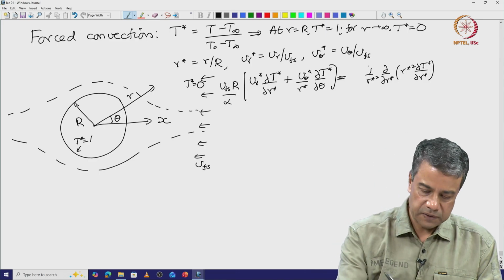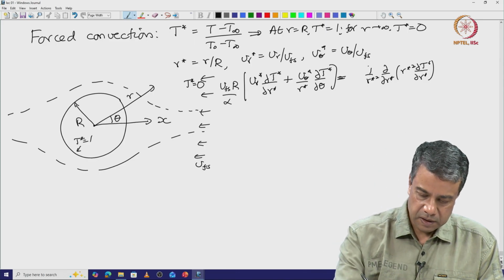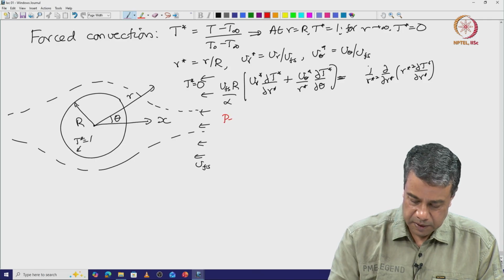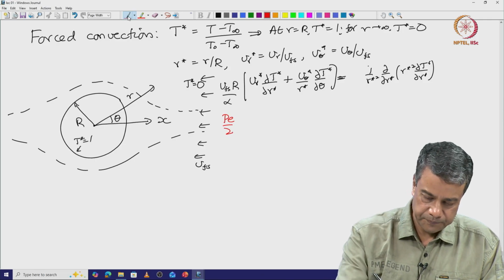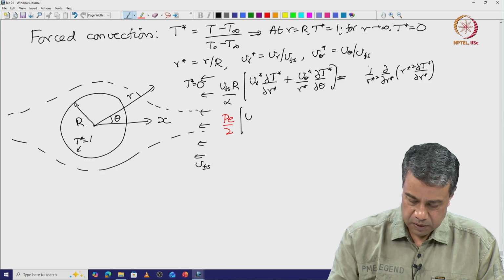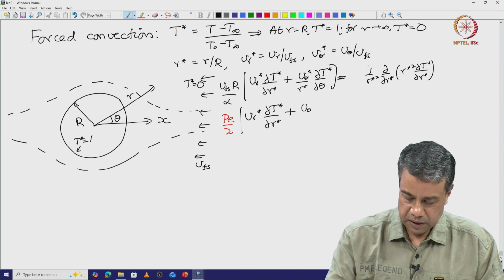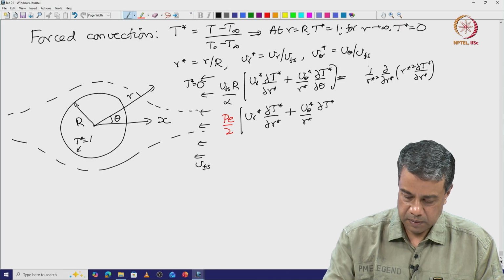So, on the left side I have a Peclet number by 2, into Vr partial T by partial r plus V theta by r partial T by partial theta.